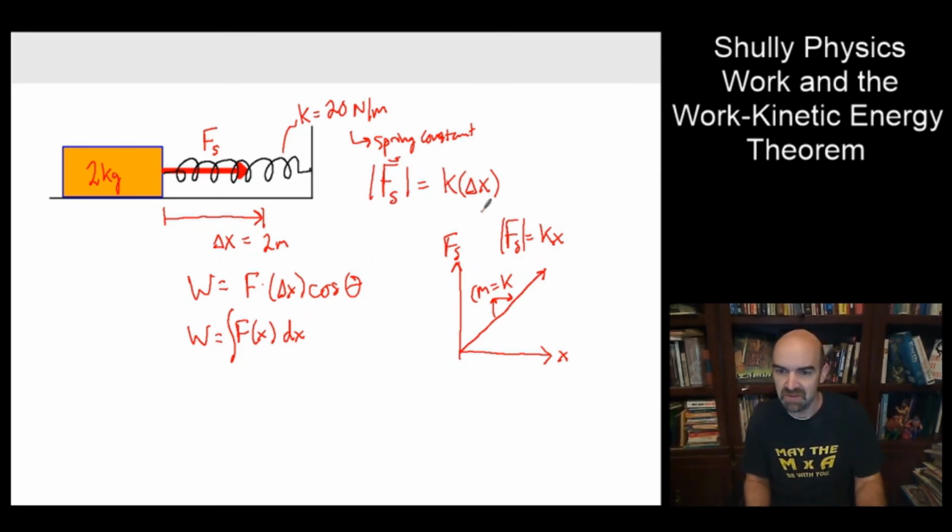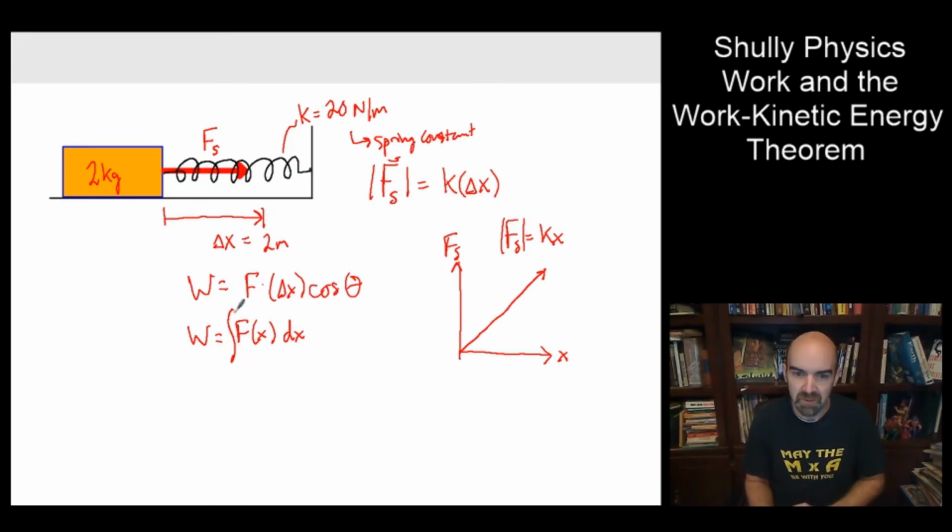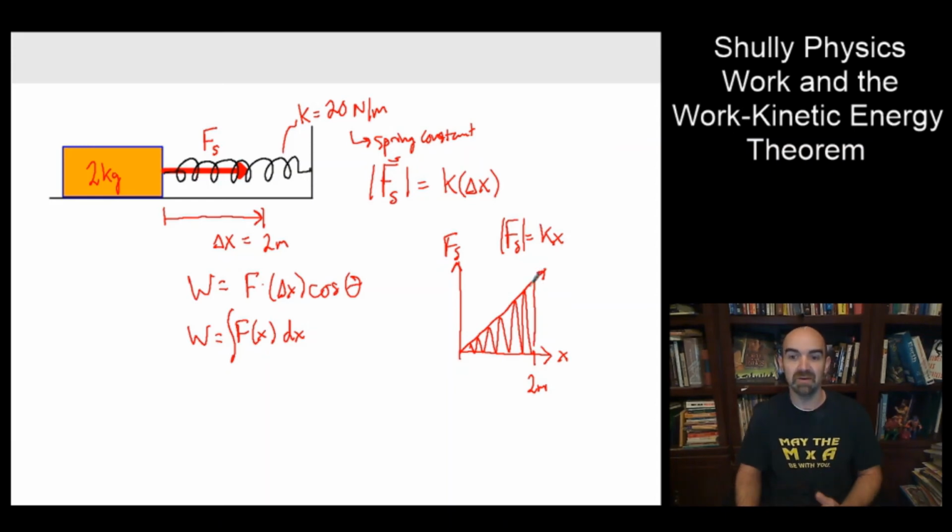If this is the force versus displacement graph, you'll notice from this that integrating F of x dx will give us the area underneath this curve. Now, if this position right here is 2 meters, then what we'd be looking for is the area under this curve. If you look at what we were doing in previous examples, we had a constant force.